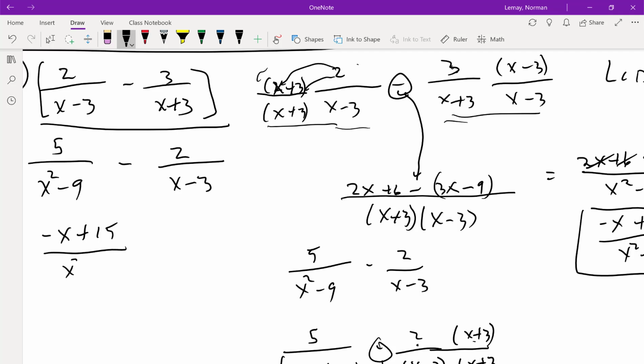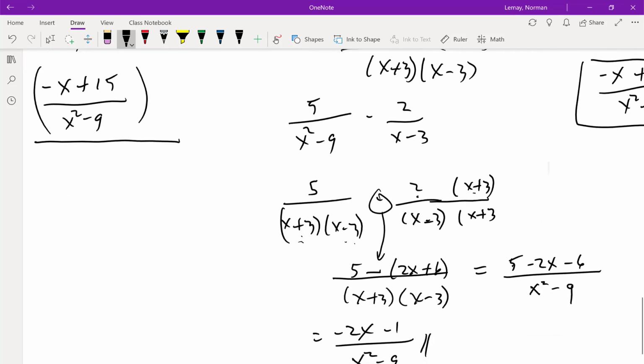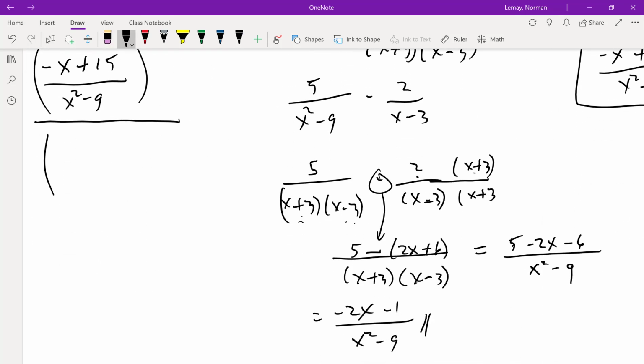divided by x squared minus 9, so that's the top part, and then down here we got minus 2x minus 1 divided by x squared minus 9.